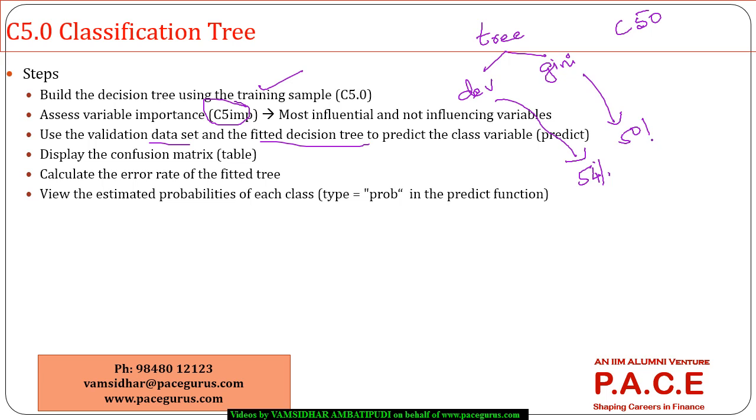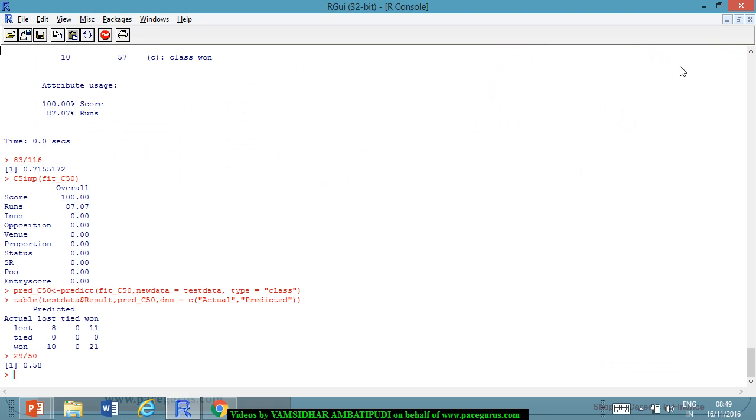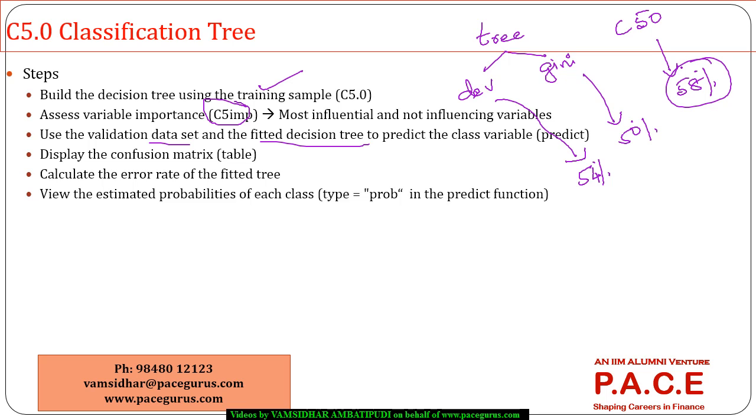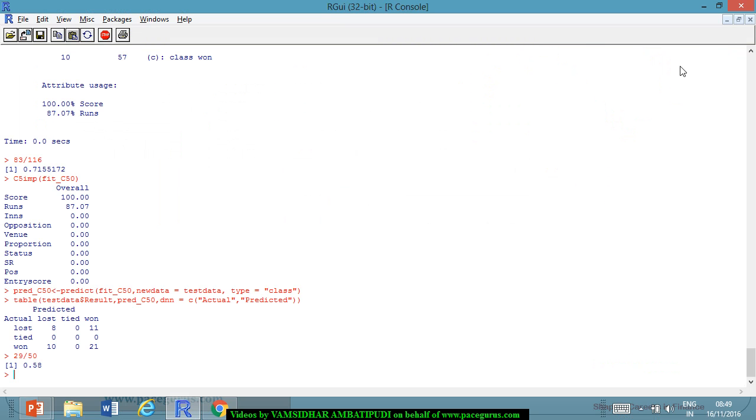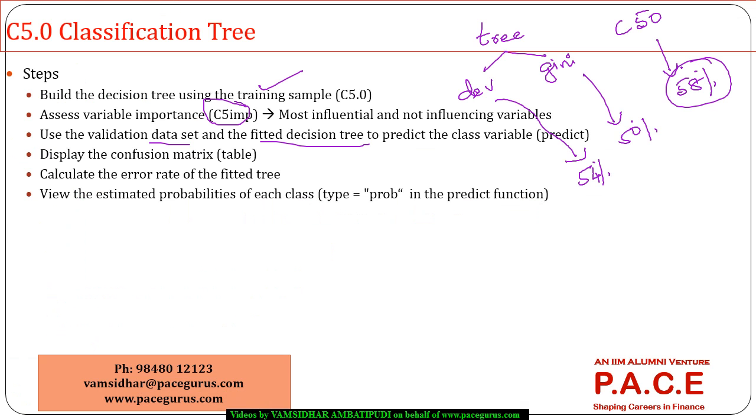Gini has given approximately 50%, whereas C5.0 has given me 58% in terms of accuracy. So if these are the three options in front of me, I want to use the C5.0 algorithm to assess the chances of the country winning based on the performance of Virat Kohli.